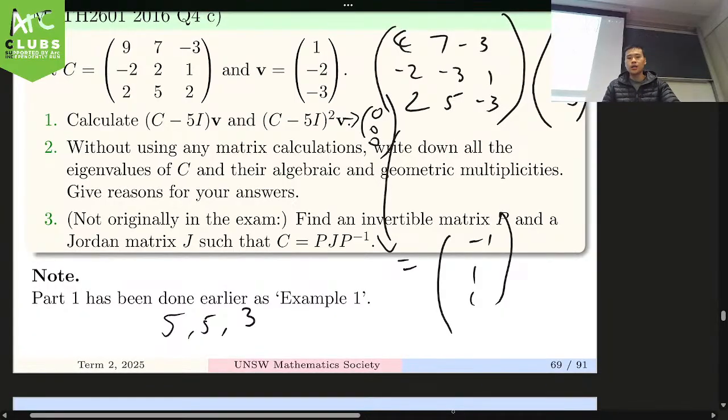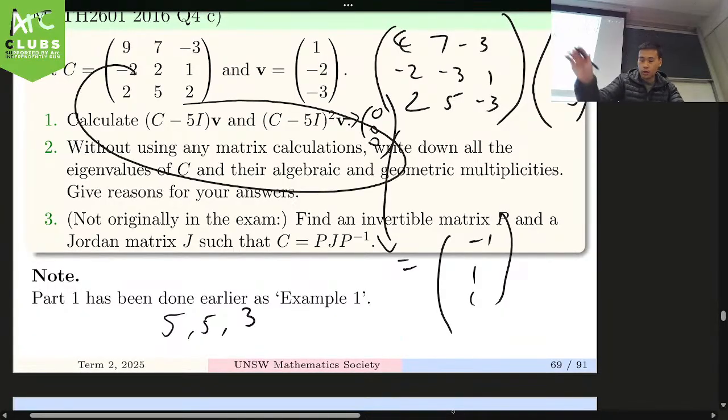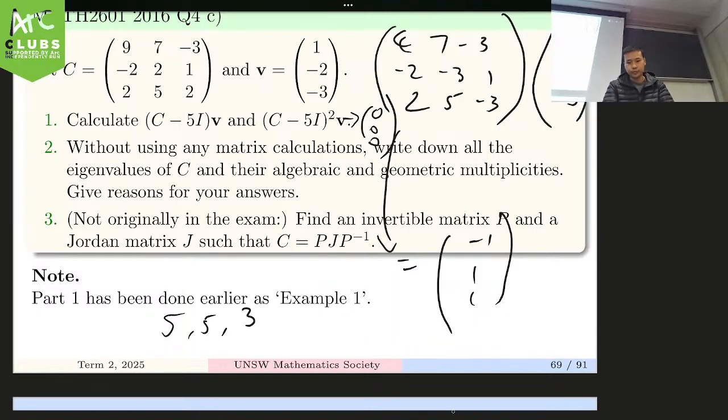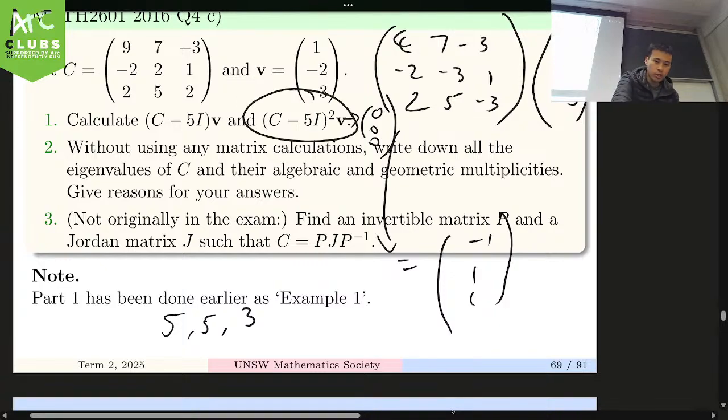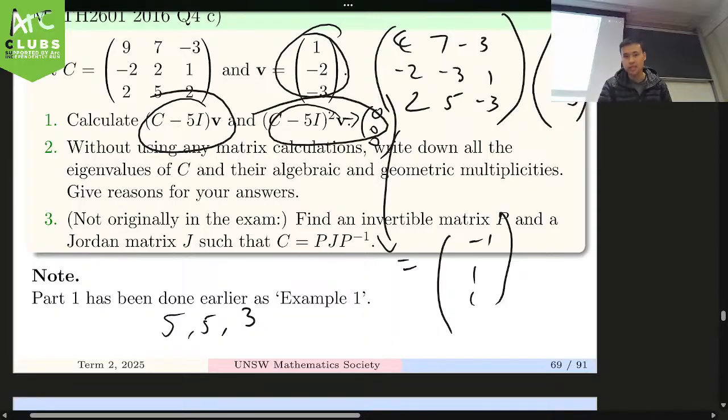Even if you didn't do that, you can do this without looking at the other ones, but essentially what this is saying is, remember, okay, I already forgot the theory name, but 5 is definitely an eigenvalue, because the v here is a generalized eigenvector of it. So that means it was acting like some sort of double root because it's not going to make this 0, but it's going to make this 0. So we have a double root going on. It was to the power of 10, we have 10 5s here.